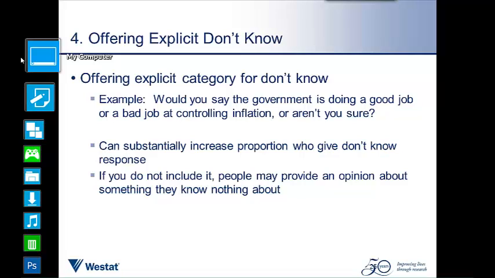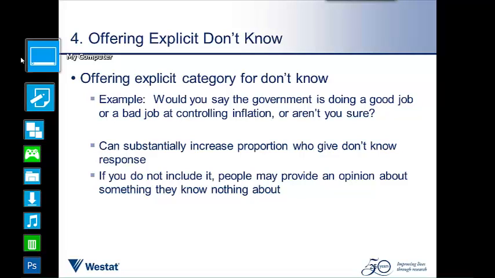When that extra clause is added, the research shows that it will substantially increase the proportion who give a don't know response. And the other side of the coin is if you don't include that don't know option, people might end up providing an opinion about something that they really don't know very much about.